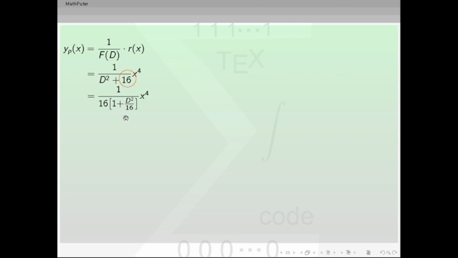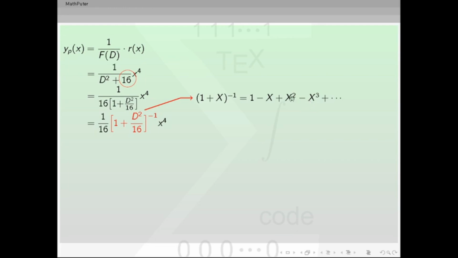Okay. So now what is this? This is 1 plus D square upon 16 raised to minus 1 into x raised to 4. Now look at this term, 1 plus D square upon 16 raised to minus 1. If I consider this as x, then this is 1 plus x inverse, and we know that 1 plus x inverse is what? 1 minus x plus x square minus x cube and so on.